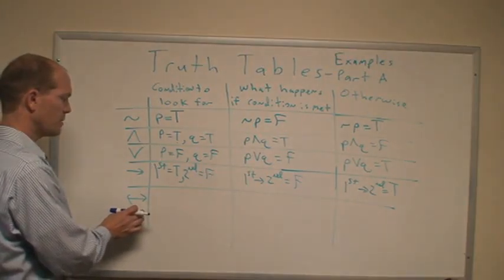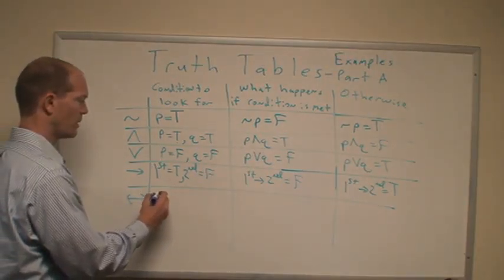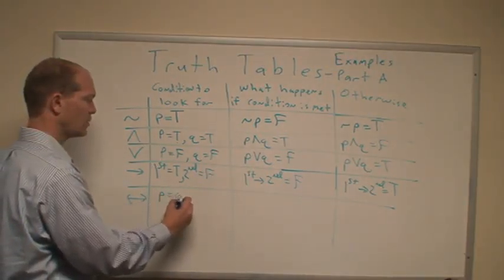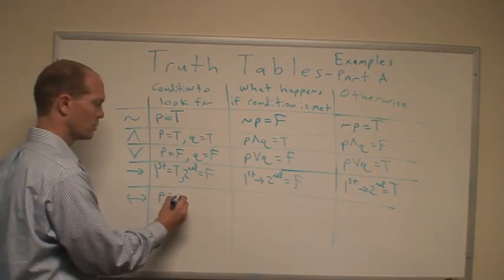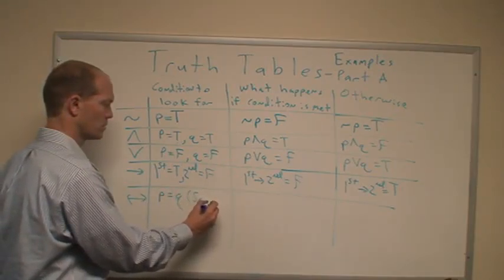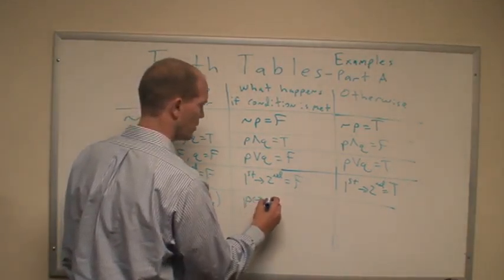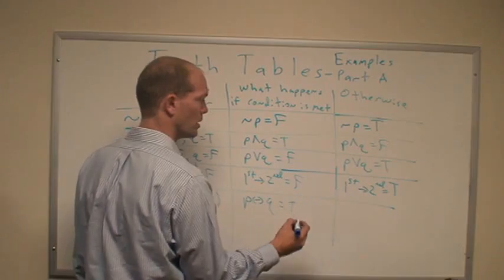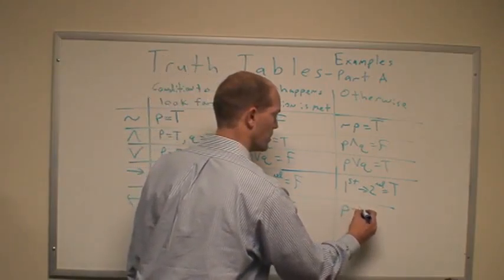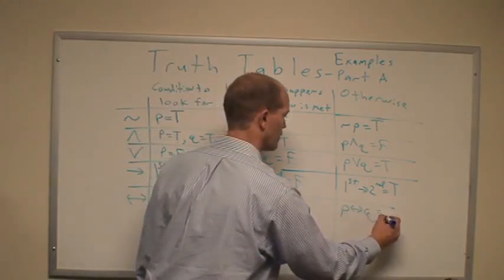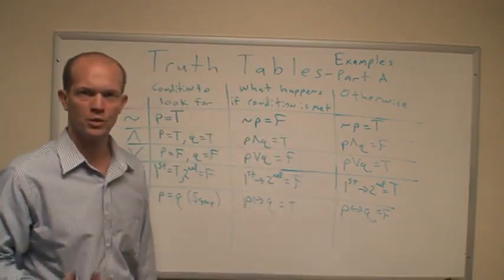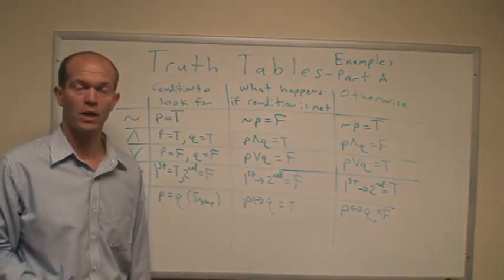Our last statement, the biconditional, where P is the same as Q. We're going to see that P if and only if Q is true. Otherwise, P if and only if Q is false. These are the conditions we're going to be looking for on our truth tables.